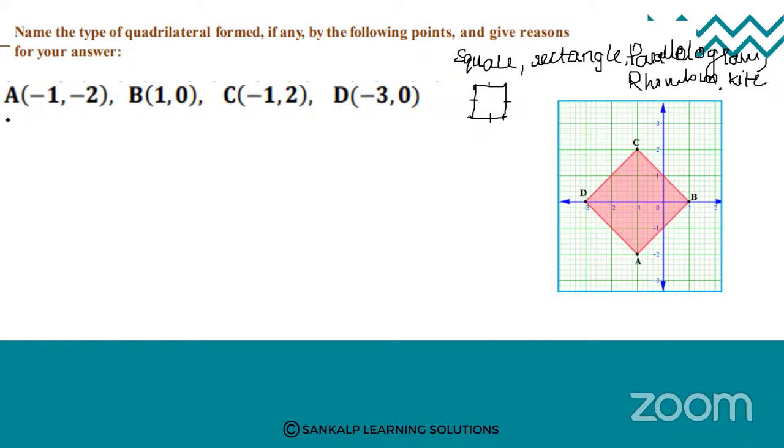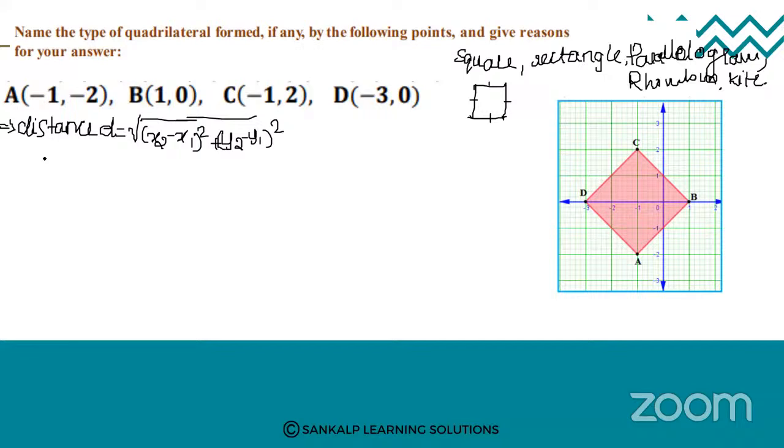For that we need to check the distance between AB and BC, CD and DA, right? So distance formula is: distance D is equal to square root of (x2 minus x1) whole square plus (y2 minus y1) whole square, right?